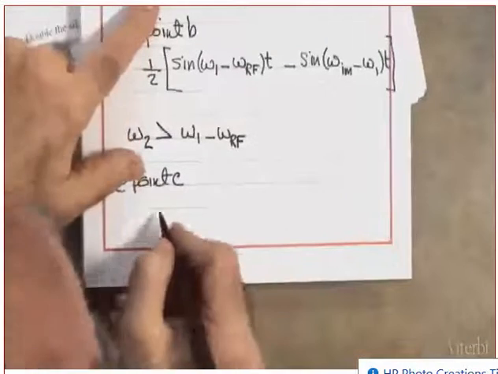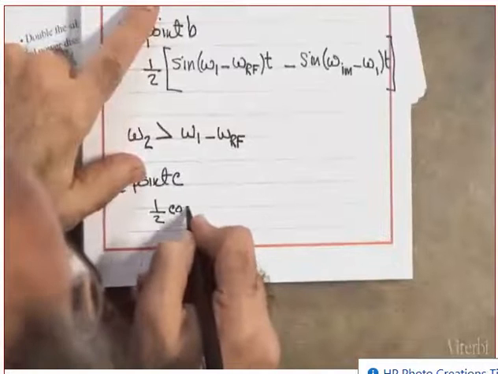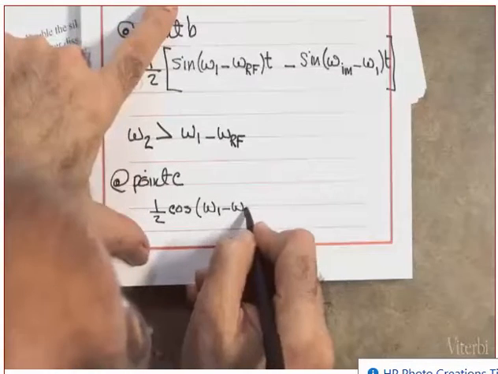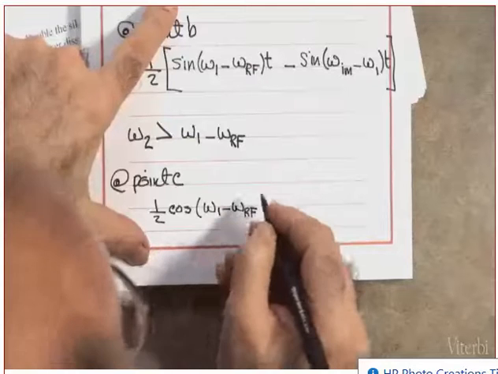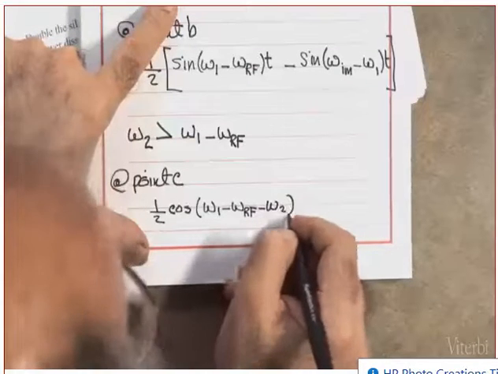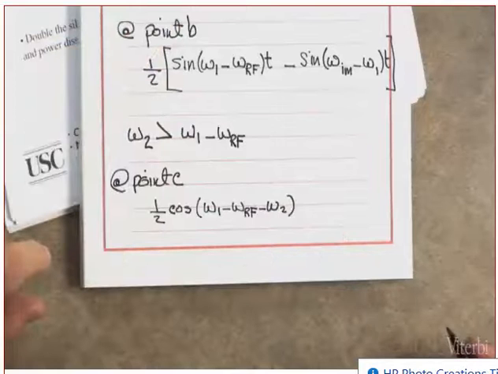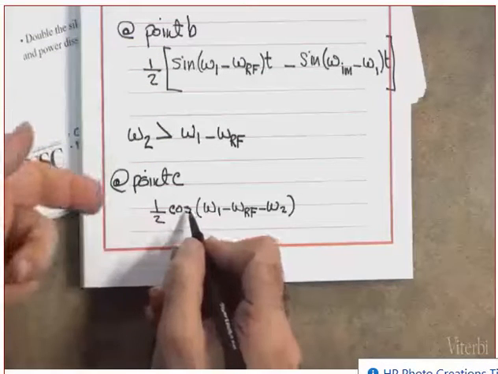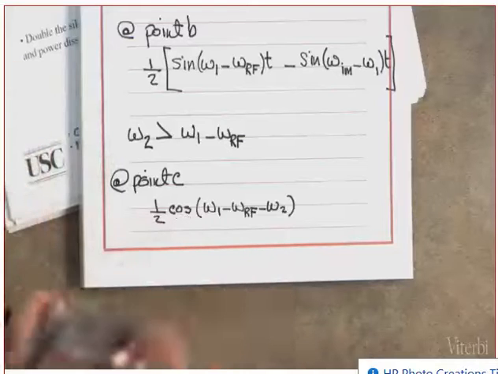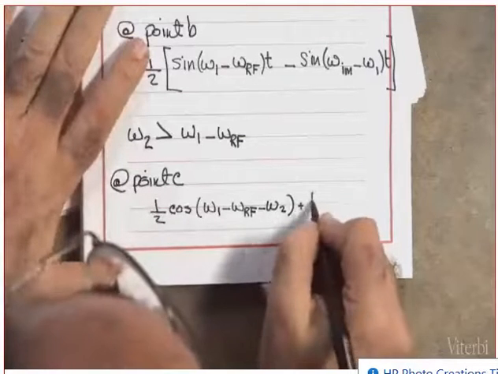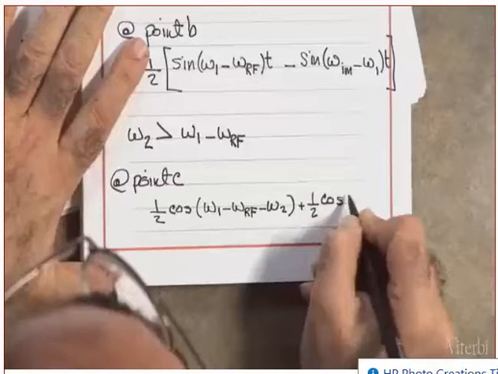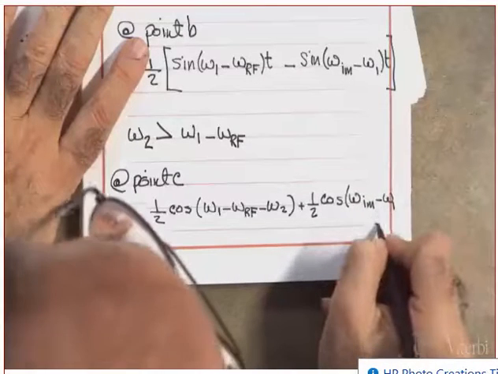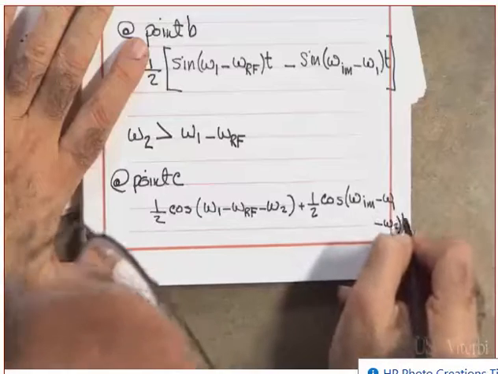So what do I get? 1/2 cosine (omega 1 minus omega RF minus omega 2)t. Did I mess up? But the cosine is even, it doesn't matter. Plus 1/2 cosine (omega IM minus omega 1 minus omega 2)t.